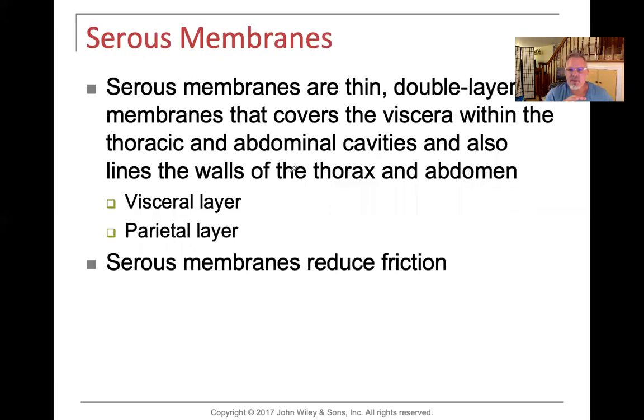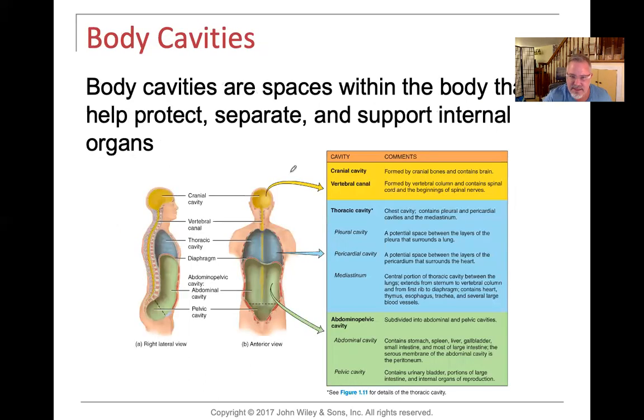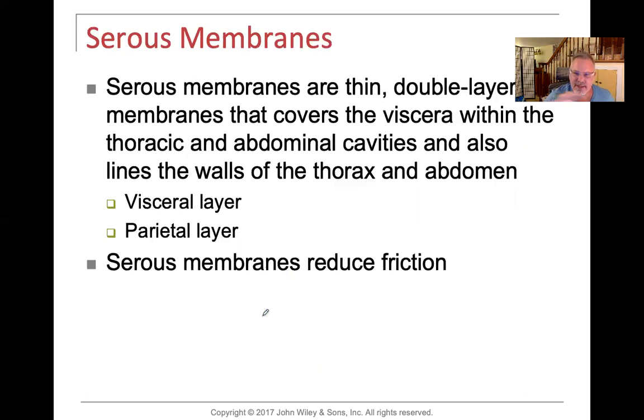When we talk about these in particular, especially thoracic, abdominal, and pelvic cavity, we're going to have some membranes cover them. The serous membrane is this double layer membrane that's going to cover the viscera, meaning the organ, within the thoracic cavity and the abdominal cavity.